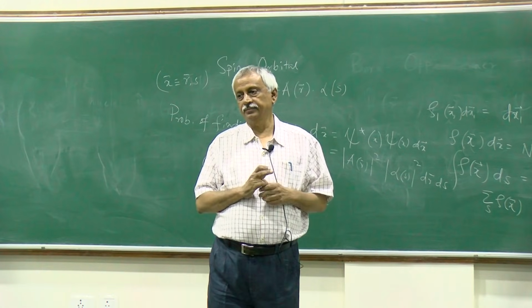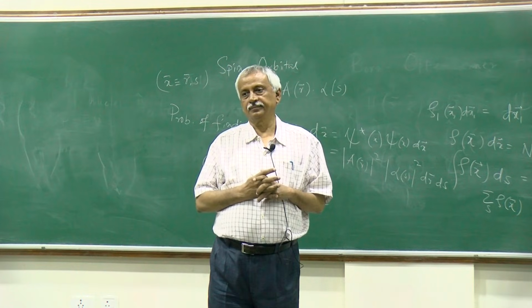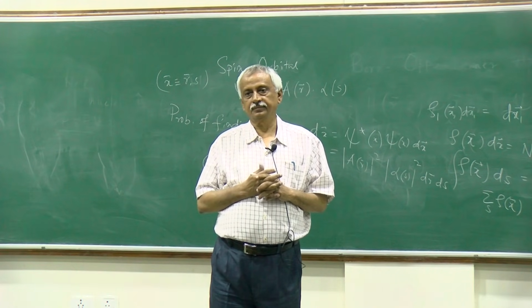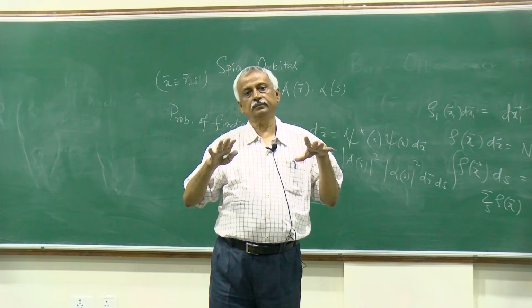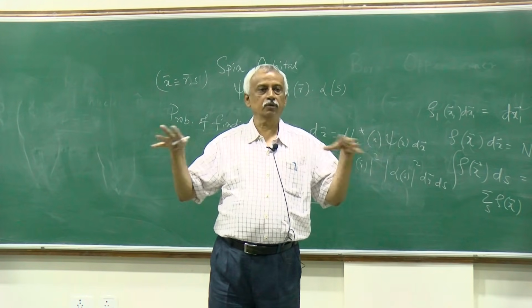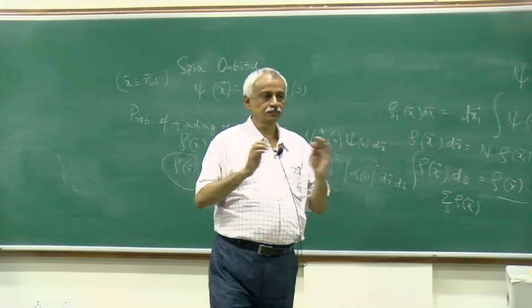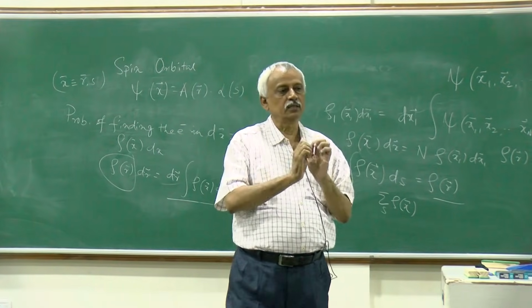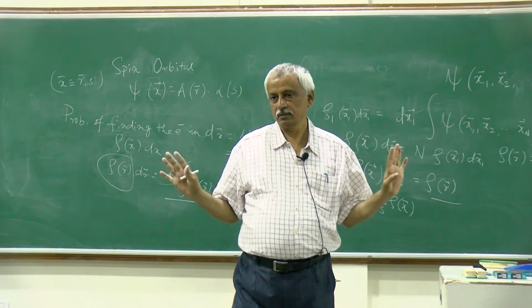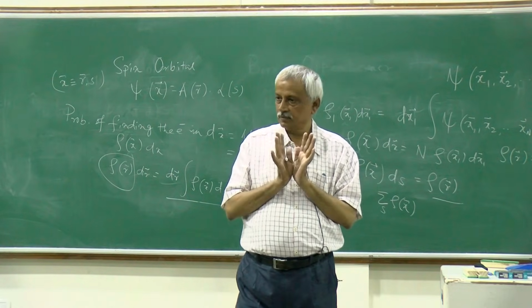Yes or not? You have any n electron system, atom, molecule or whatever, you want to find out in a given region of space, what is the probability that you can find out an electron? Okay, that's the probability density in that.